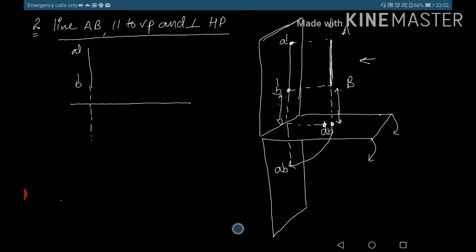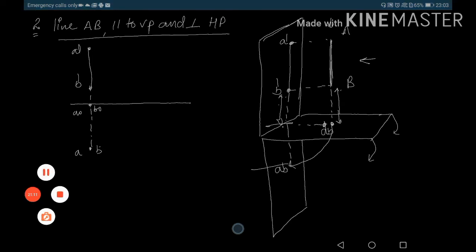Similarly come down by this distance and mark a point. This would be your A B, here would be A naught B naught. Okay, so this is our projection when line is parallel to VP and perpendicular to HP.